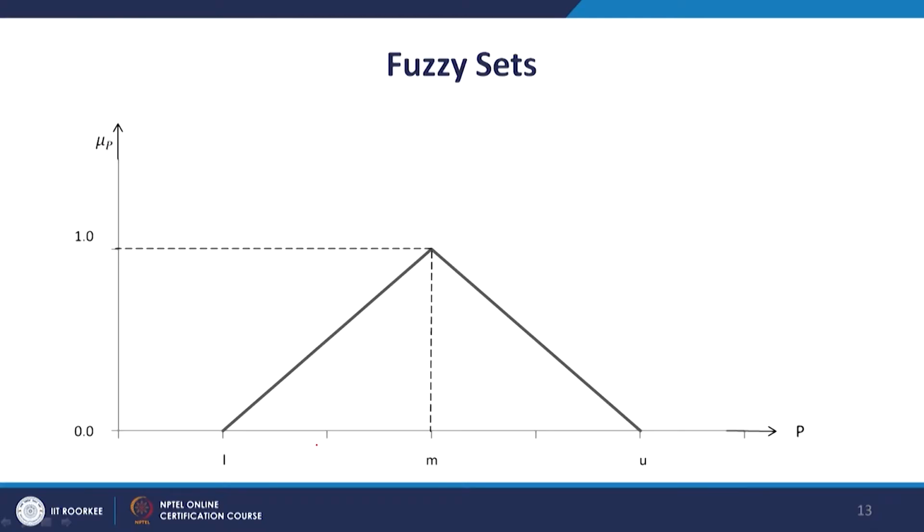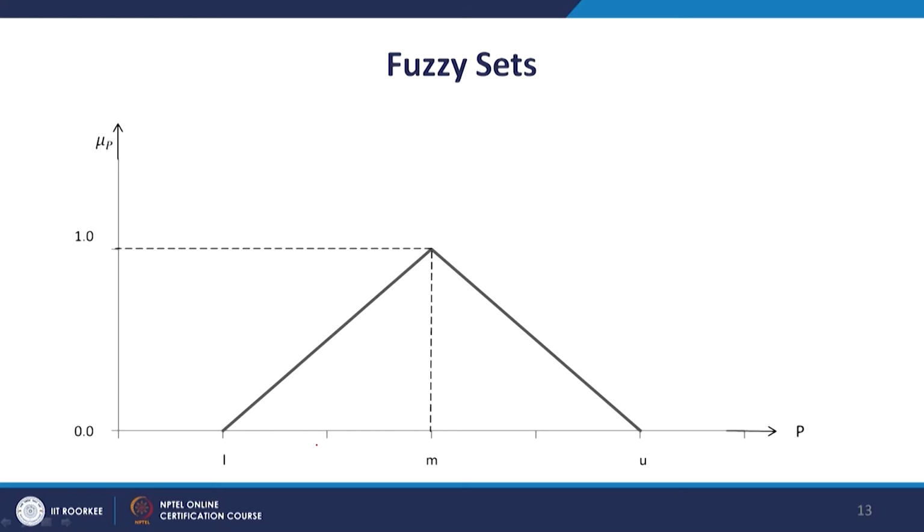Let us look at a graphic depiction of a triangular fuzzy number to understand these parameters with more clarity. This p tilde is a triangular fuzzy number. On the y axis you can see the membership function, because these numbers are also sets.